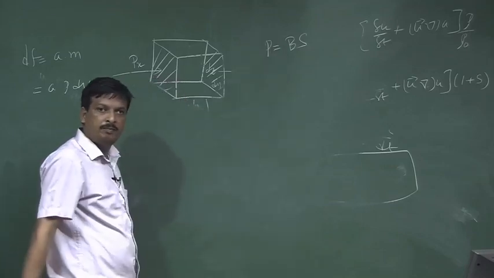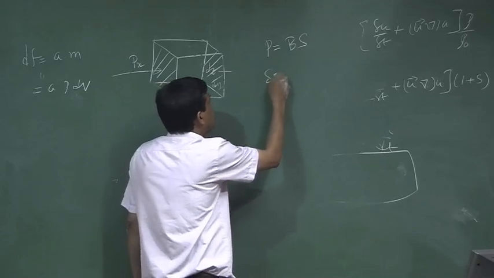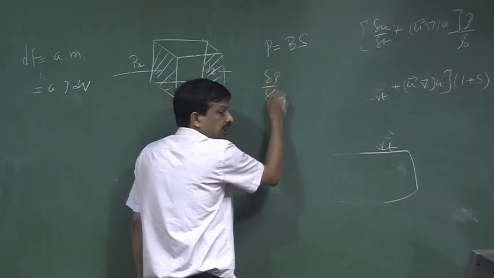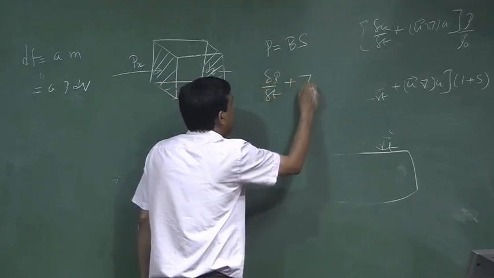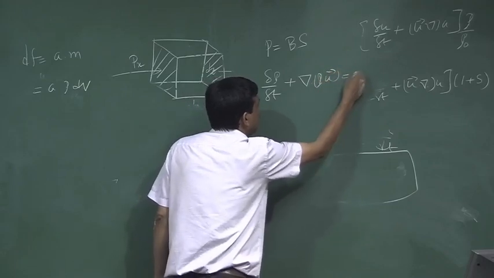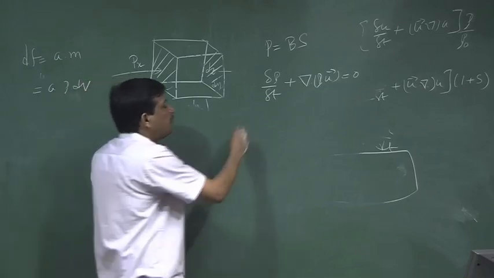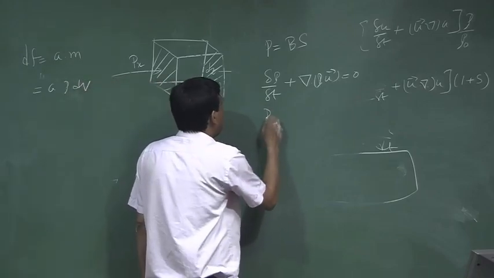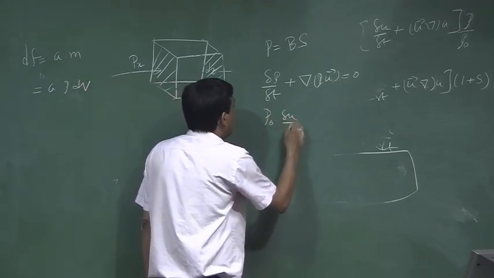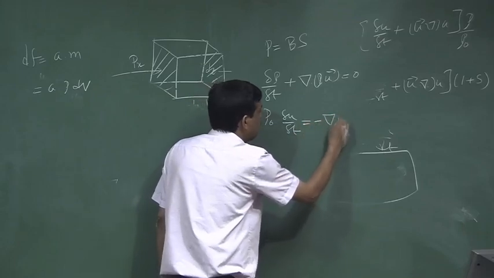Continuity: del rho by del t plus divergence of rho u is equal to 0. And from the force equation, rho 0 into del u by del t is equal to minus grad p.